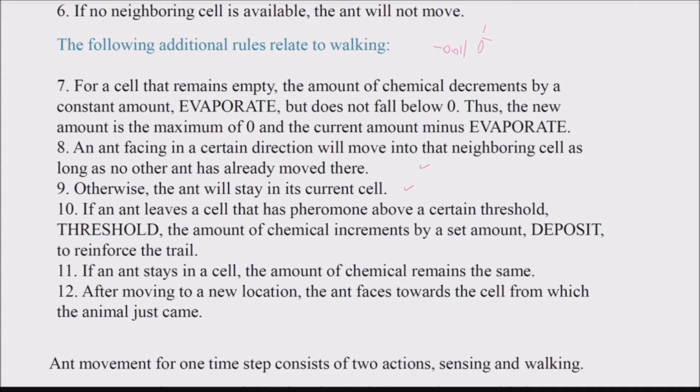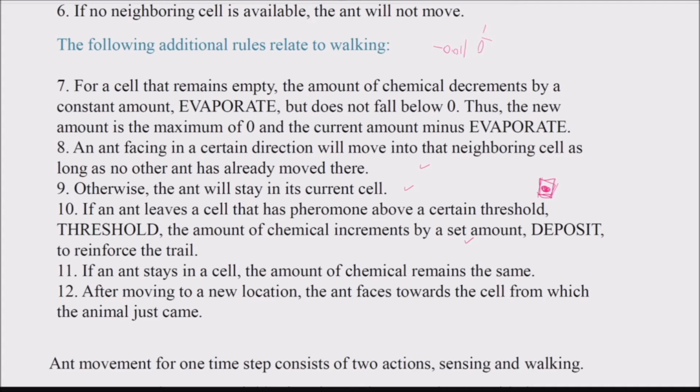So what that means is, if the ant is in one cell, the pheromone amount in that cell is going to be increased by some amount. It will be a little bit stronger than before, because of the chemicals produced by this ant living in that cell. So you have to increase the chemical amount, right?